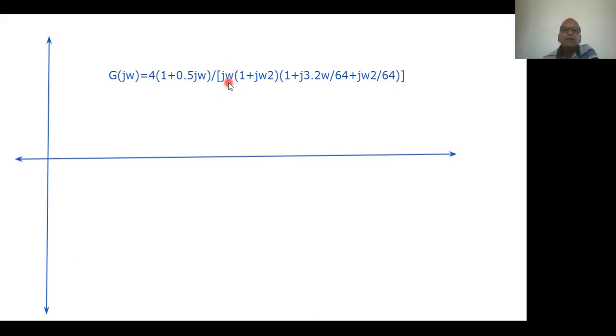If you consider this 4 divided by the j omega, it is a straight line with a slope equal to minus 40 dB per decade, and then the magnitude is equal to say 12 dB. I calculated this 12 dB. Then the zero on the real axis, the frequency function factor. The corner frequency of this is equal to 1 upon 0.5, equal to 2, that is 10 divided by this 5, that is 2.